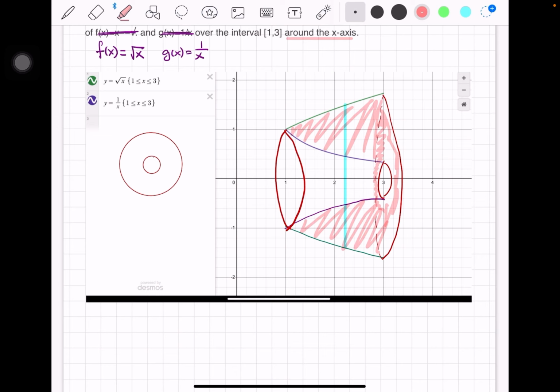In this version, to find the area, we are going to use the larger circle area minus the smaller circle area. And the leftover is going to be the region we wanted.